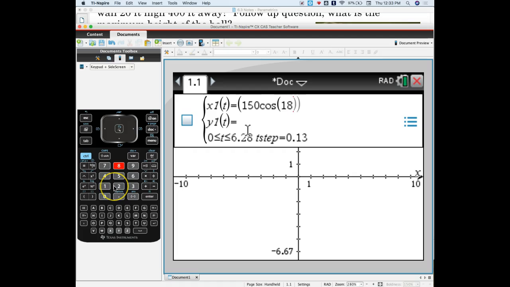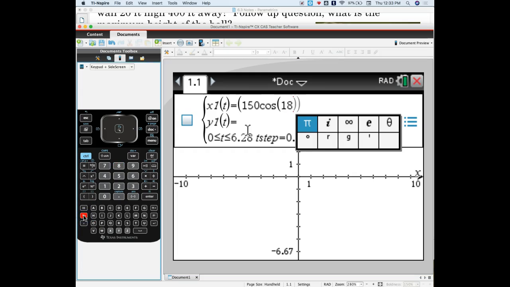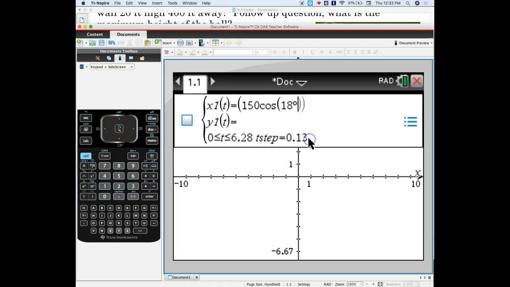It's in the pi button, down here in the corner. I have to put that in, or I'm not going to get the right answer. And then that all gets times t.